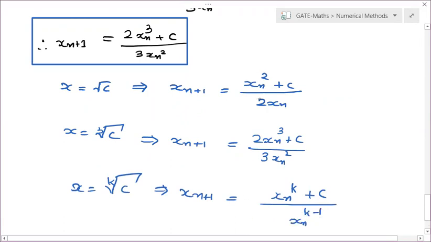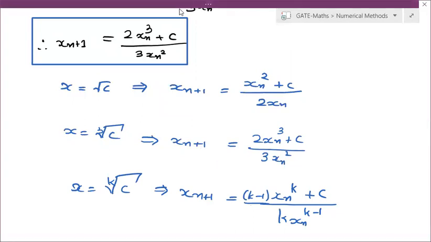Here k is the coefficient of the denominator. Now observe the coefficient of the numerator. If it is 2, it is 2 minus 1; 3, 3 minus 1. So it is k minus 1. Are you getting my point? (k minus 1) xn to the power k plus c, divided by k xn to the power k minus 1. So this is the generalized form.